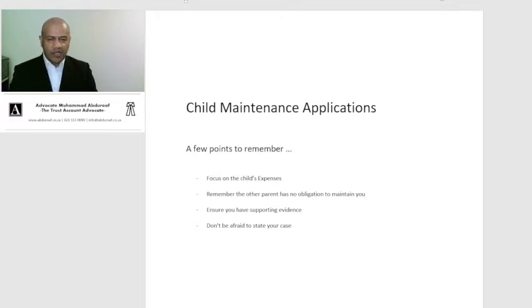When you focus on the minor child's expenditure, it's important to deal with actual expenditure. Many people add on expenses, and what sometimes becomes evident is that they've added things that the minor child never ever required or used or incurred.